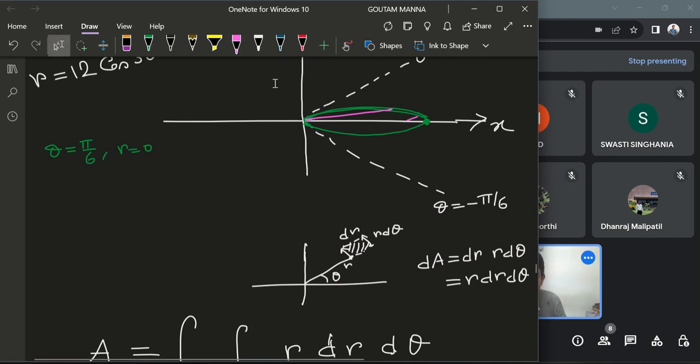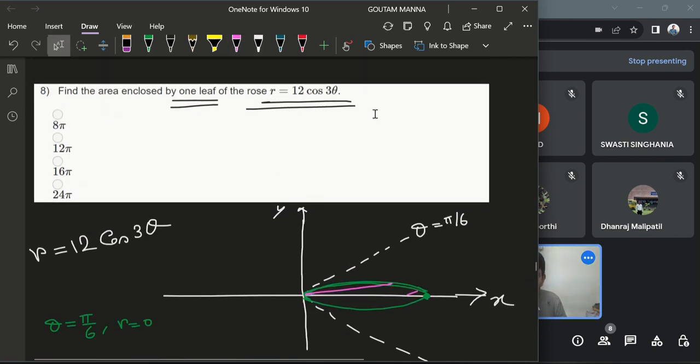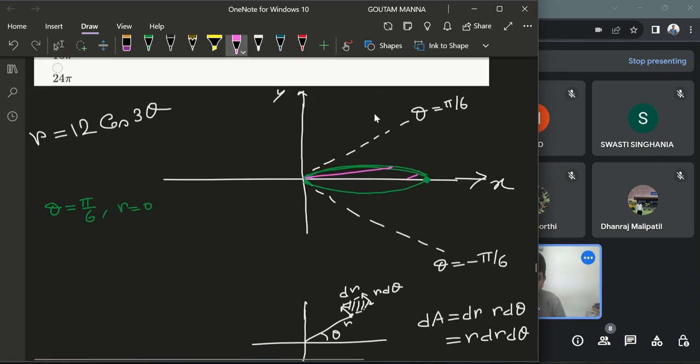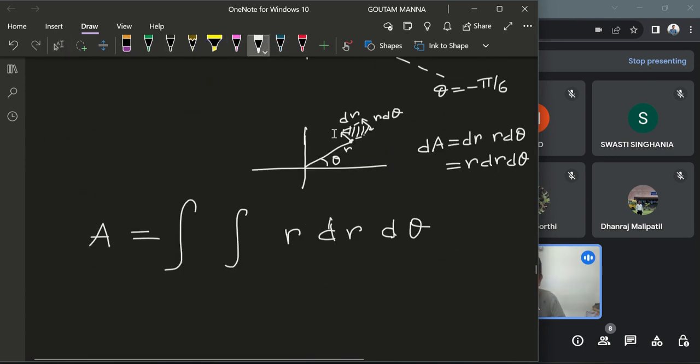And this line is 12 cos 3 theta. So this is r equals 12 cos 3 theta. Okay, so for each value of theta, r will be going from 0 to 12 cos 3 theta.